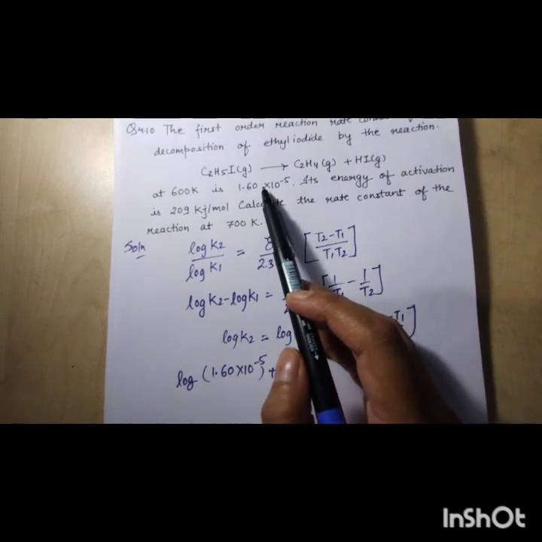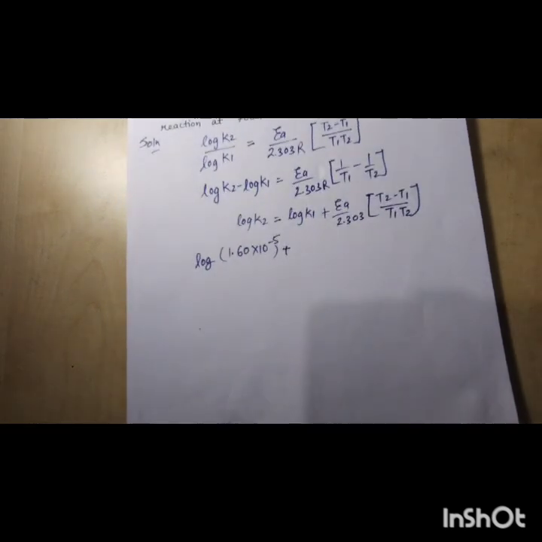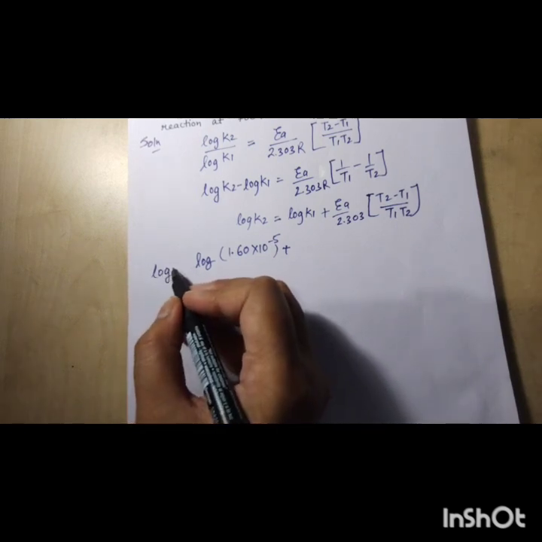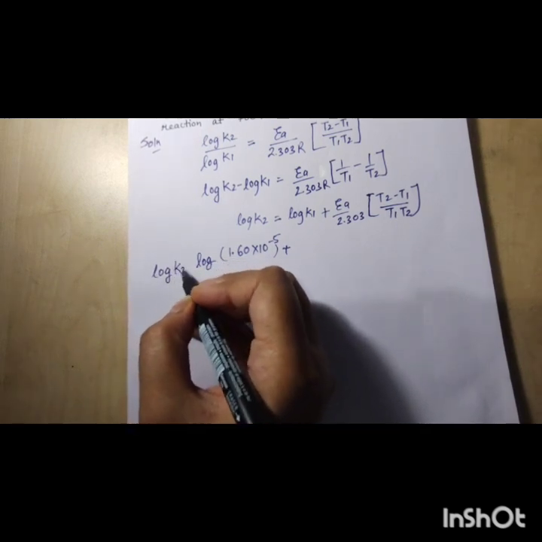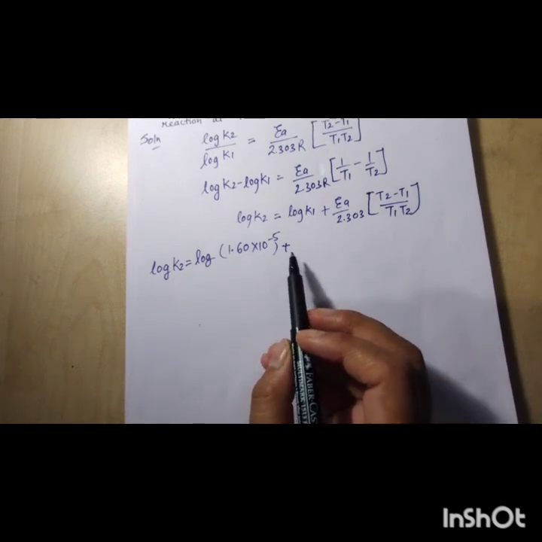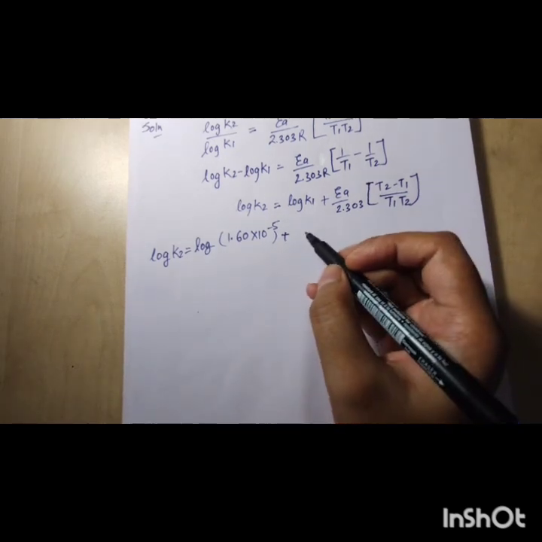So this is taken as the log K1 value. So here log K2 is equal to log K1, that is log 1.60 into 10 to the power minus 5, plus the EA value.